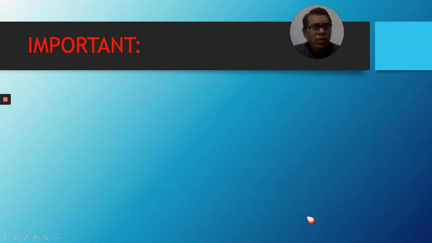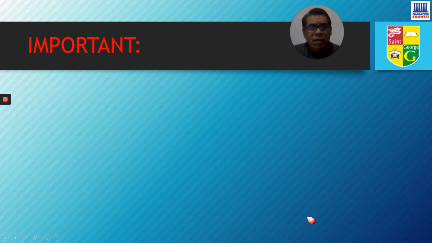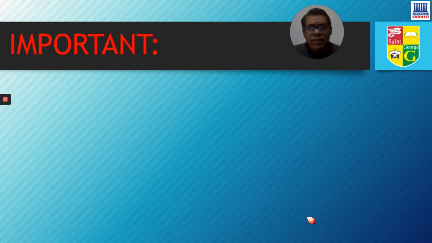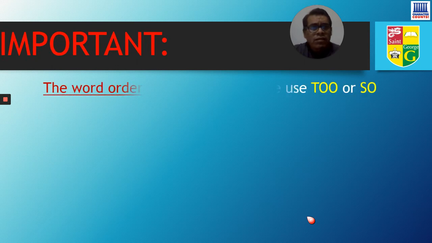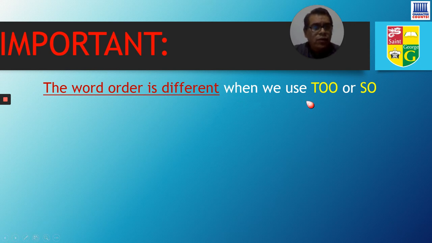Something very important that we must remember about affirmative agreement is that the word order is different when we use too or when we use so. They have different positions in the sentence.